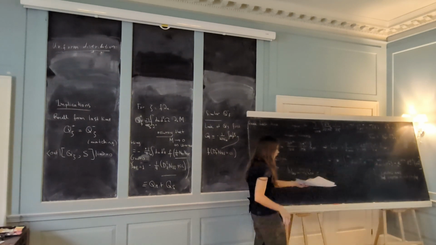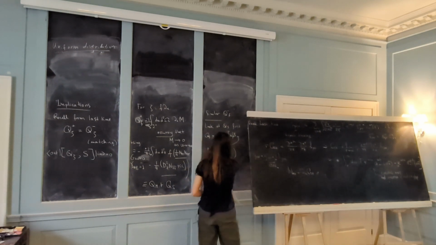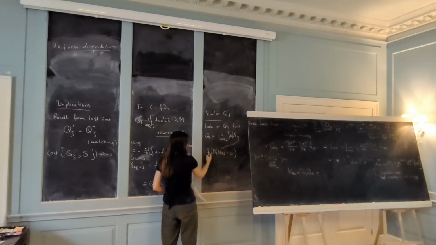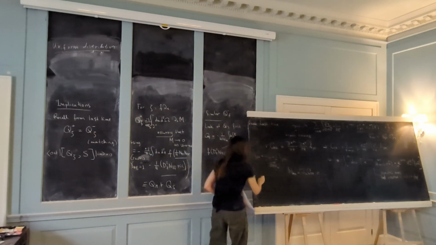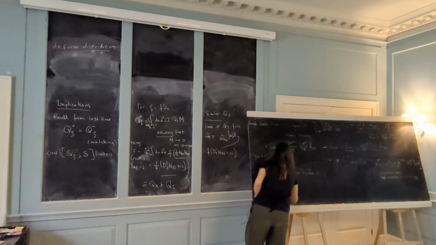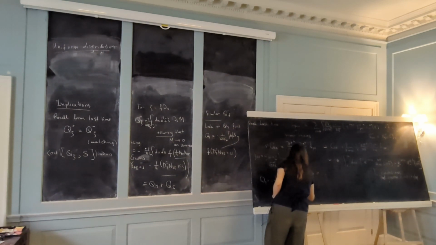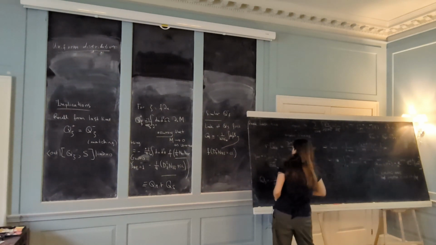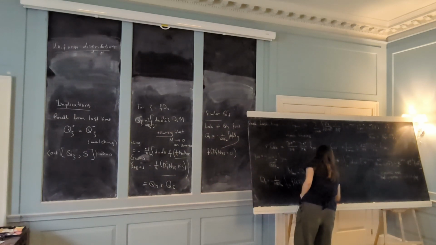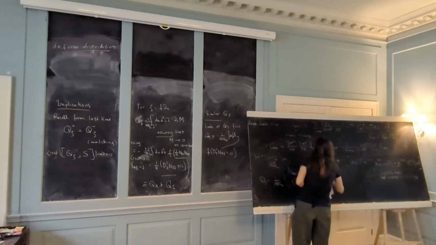Last time we also did this exercise: nothing else depends on u but N. So I can rewrite Q_s as an integral over the sphere of f, z bar, and then an integral over du of d_z squared N_zz bar, plus complex conjugate. And I can plug in this formula in here.